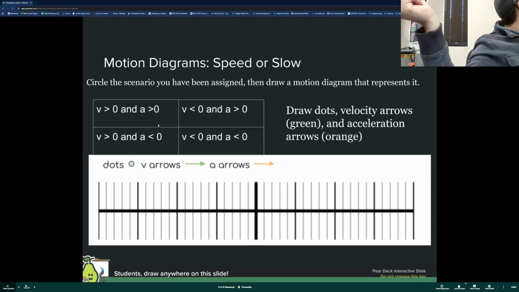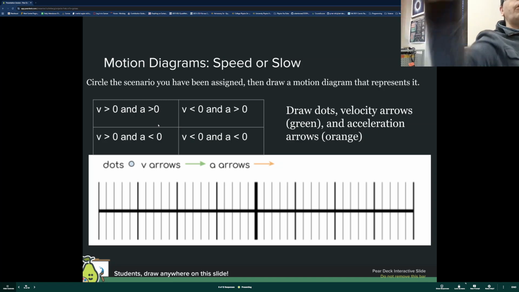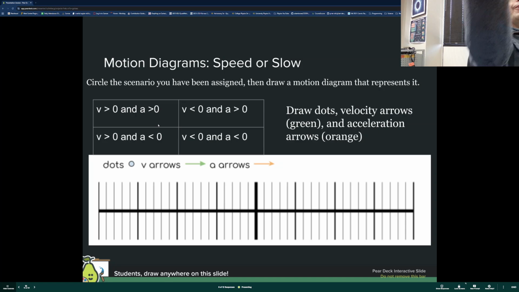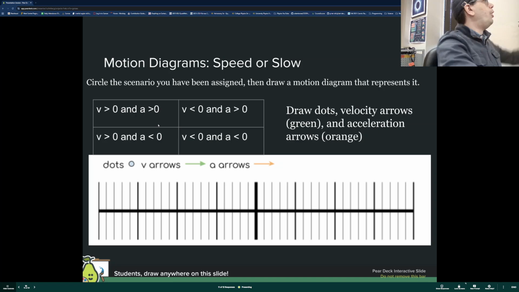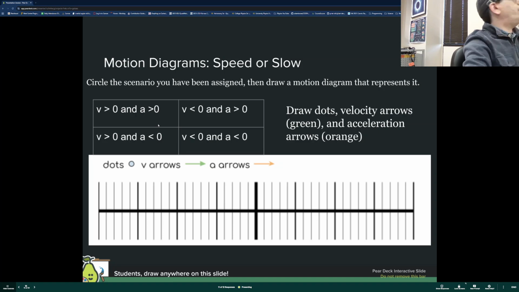So Bo and Abdisa do negative velocity, positive acceleration, and then there's an odd number of you. Unless you want to work alone, y'all three will do positive velocity and negative acceleration, and then the last two, this one, negative velocity, negative acceleration. So on the Pear Deck, circle the one that I've given you, and then draw the motion diagram that goes with that.